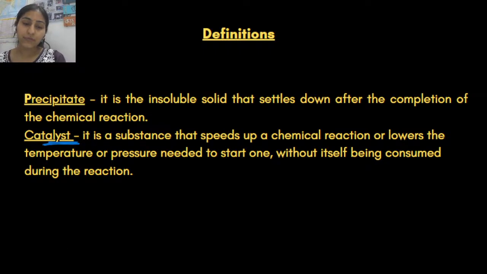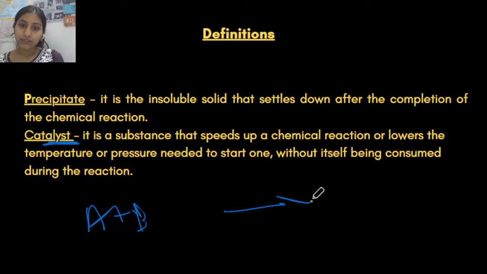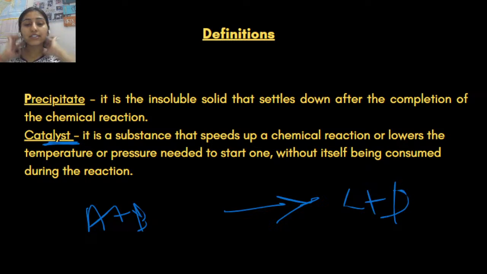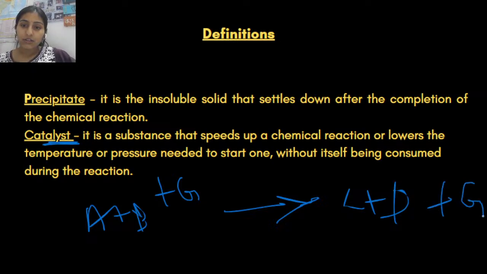So suppose there was a reaction A plus B gives C plus D. So C plus D have formed. But there was another thing called G that was in the reactant as well as in the product, in the same concentration before and after the reaction.